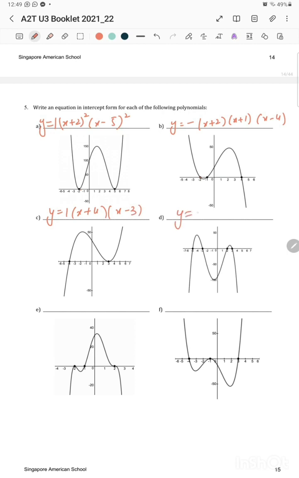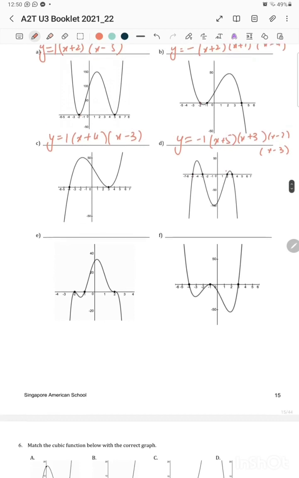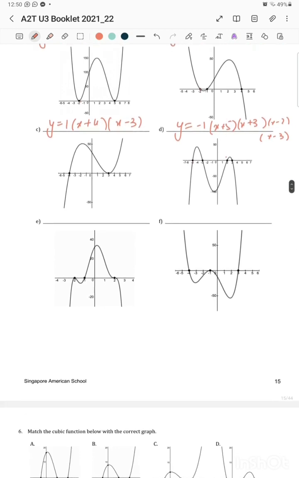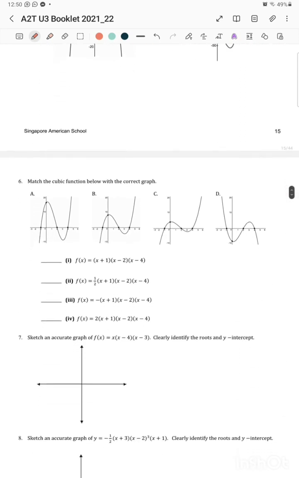So this is the decreasing trend, so it's going to be -1 (x + 5)(x + 3)(x - 2) and (x - 3). Match the cubic function below with the correct graph.